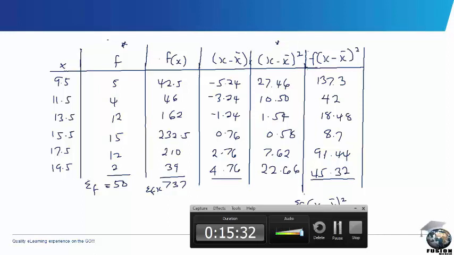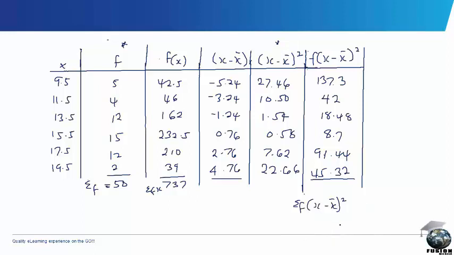For this column we add all the outcomes, starting from the first. So we have 137.3 plus 42 plus the rest, giving 343.24. This is the summation f times (x minus x bar) all squared.